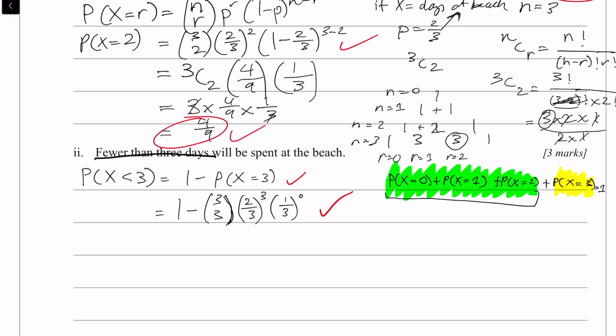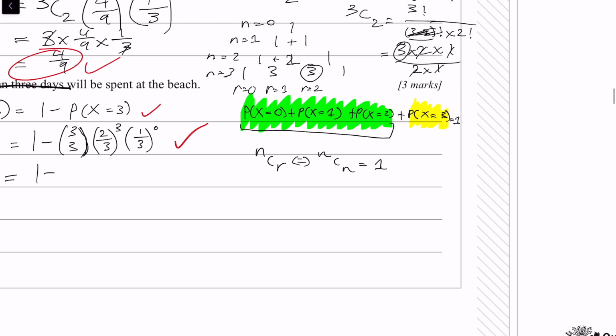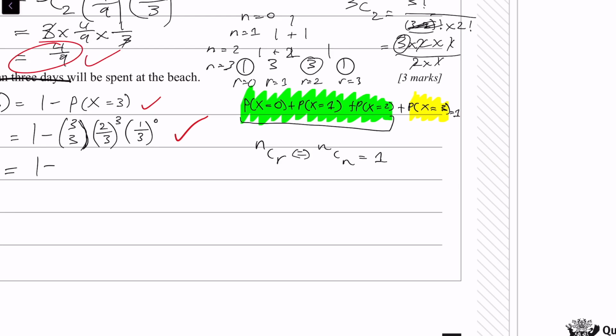Okay, and then now you can just simplify that. So we know that when the n and the r value are equal when we're doing nCr, then that will always equal 1, because we know from our Pascal's triangle that we have 1s at the ends here. So this is equivalent to n equals 3, r equals 3, this value here that I've highlighted in green.